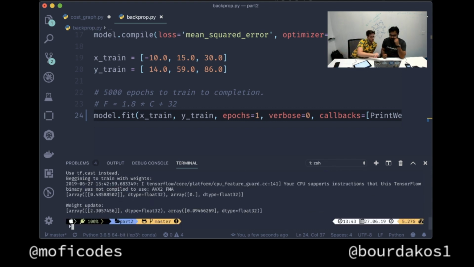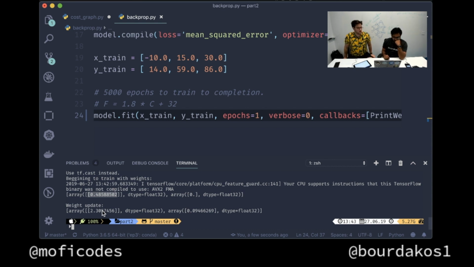Then our first update changed the bias to 0.09 and the weight to 2.3. As you see, it took a larger step for the weight than for the bias because the input number is larger.